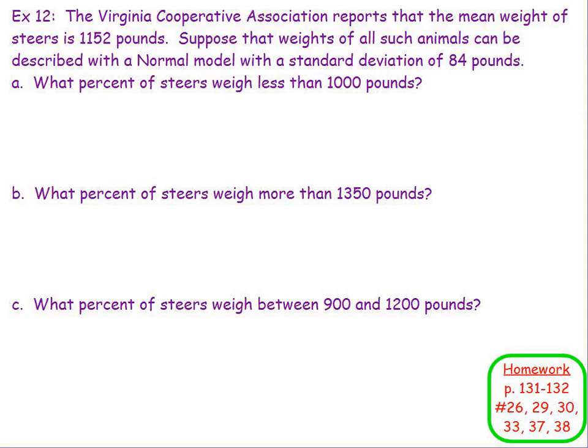All right, so let's see how you did on this first one. Z-score. What percent of steers weigh less than 1,000? So 1,000, take away 1152, divided by a standard deviation of 84, left me with an answer of negative 1.81. I had 0 in the middle.